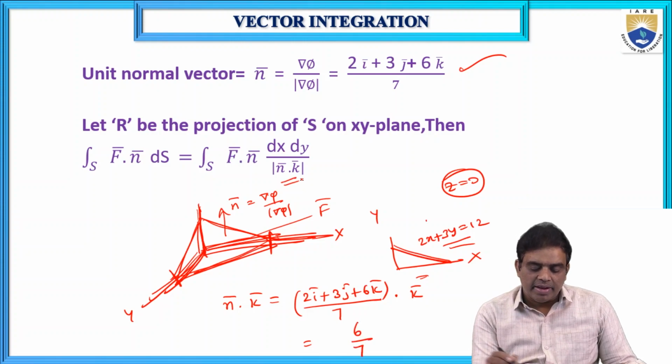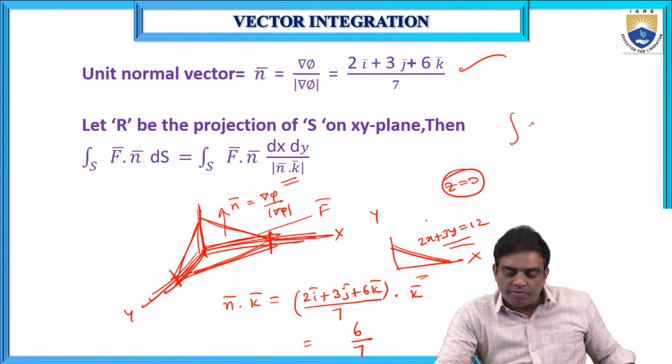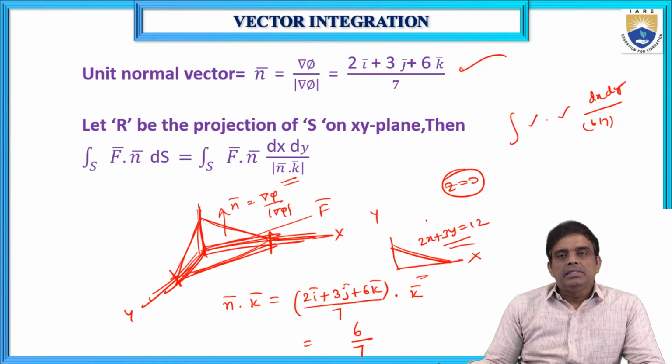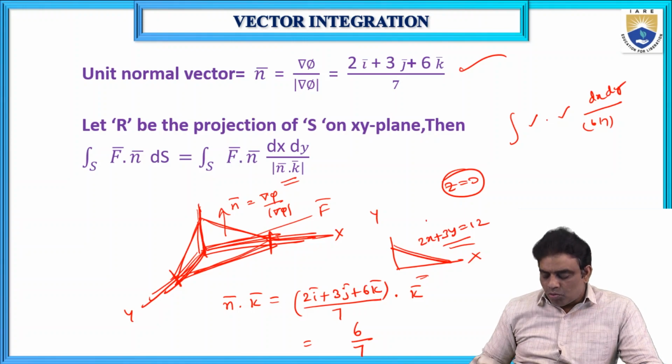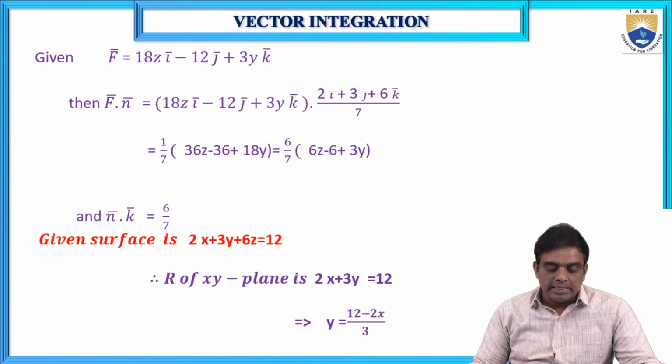So the denominator value 6 by 7 we have reached. We know f bar, we know n bar, the denominator is also 6 by 7, and we have dx into dy. So the next part is just integrating the double integral, by considering the limits of integration. So now go for the next slide.